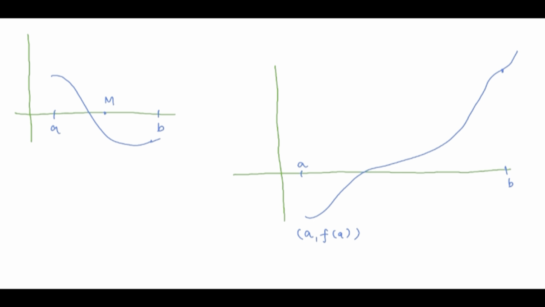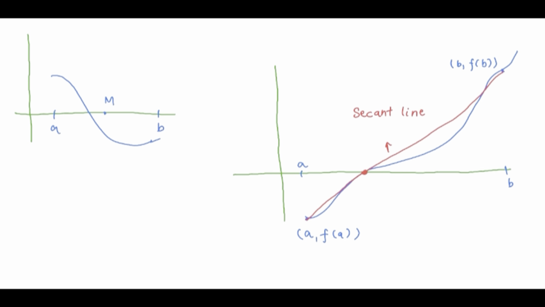We have these endpoints, so we can evaluate the function at those endpoints, and we get these two points. If I draw a straight line that joins the point (a, f(a)) to the point (b, f(b)), the straight line becomes the secant line.